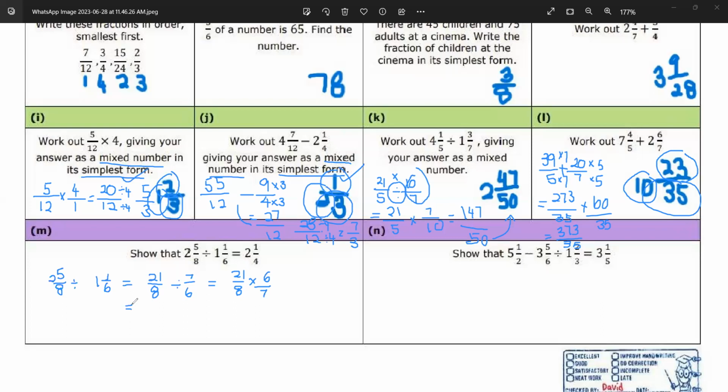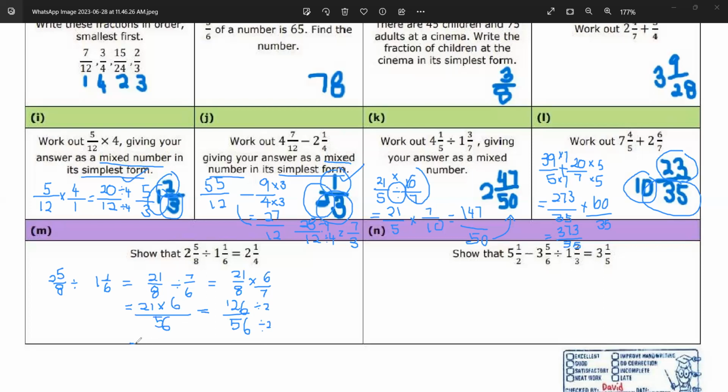Then also equals 21 times 6 out of 56 because 8 times 7 will equal 56. Then we'll get 126 out of 56. Then we simplify it, divide it by 2.